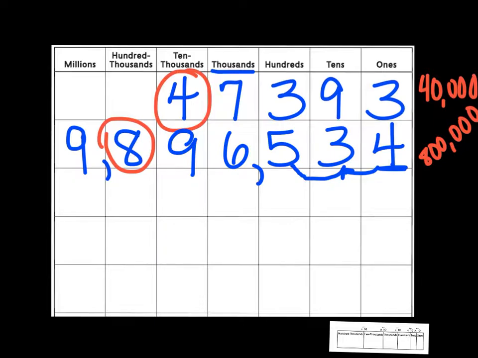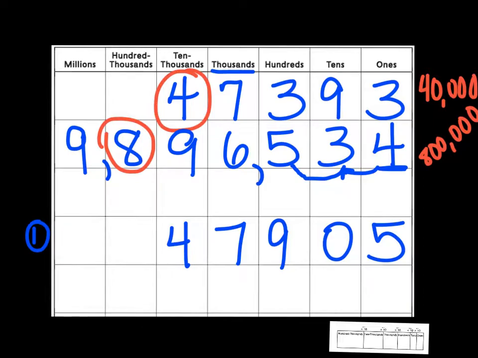So now it's your turn. In your notes, your first problem that I need you to write down is going to be this, and I want you to give me the value of this digit. So I need you to write the whole number in your notes, and then next to that write the value of the 9.